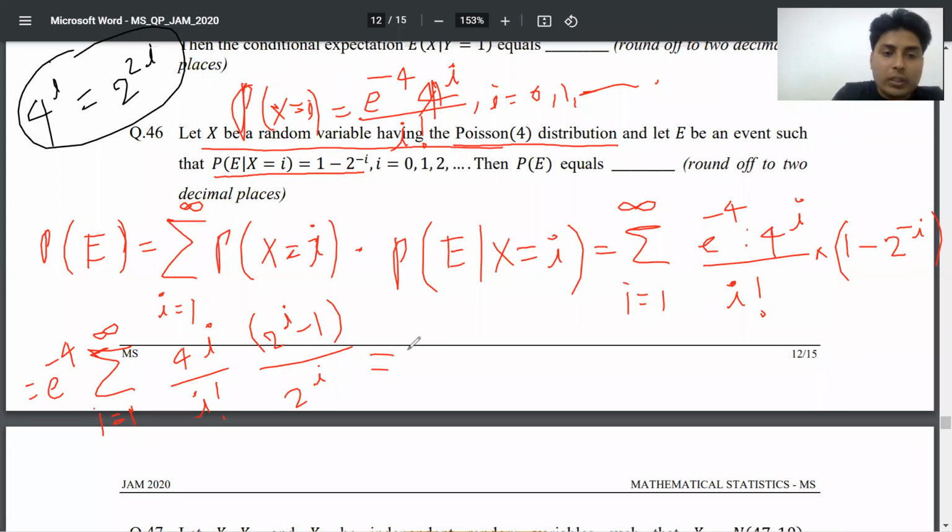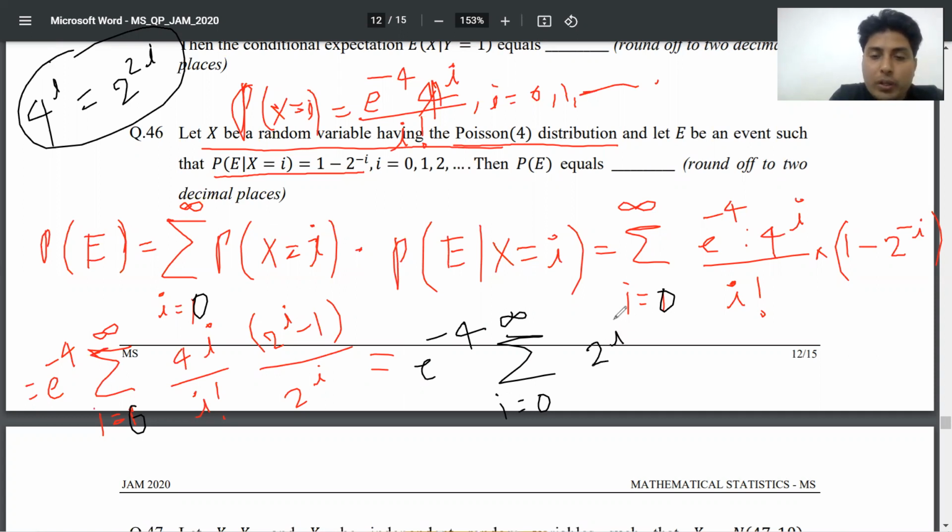So we have e raised to the power minus 4 summation i from 0 to infinity. By mistake I took 1 to infinity, so it is 0 to infinity. Now we are left with 2 raised to the power i upon i factorial times (2 raised to the power i minus 1).